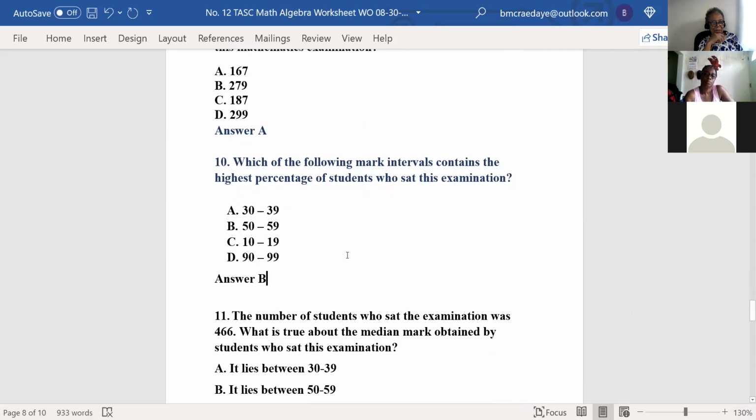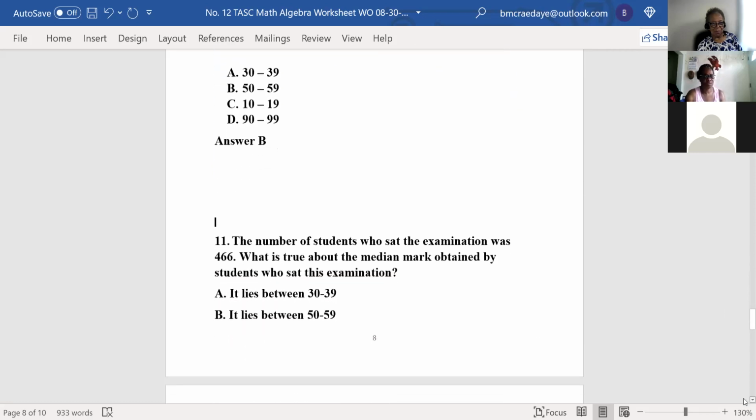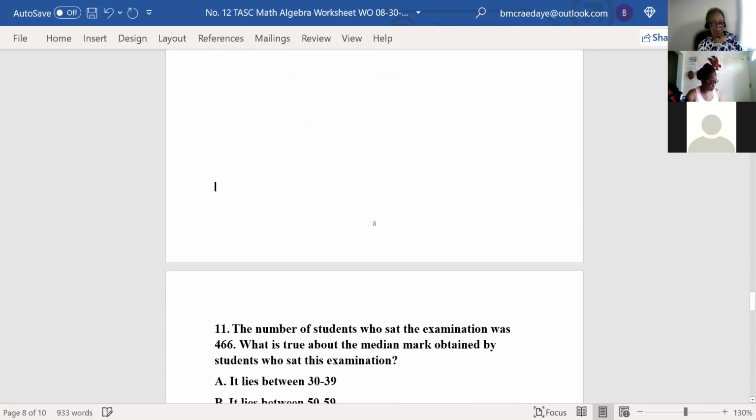Maureen, number 11. What is true about the median mark? Where does it fall? The median is between the 112 and the 128. Where does the median fall? It's like 120 and 128.